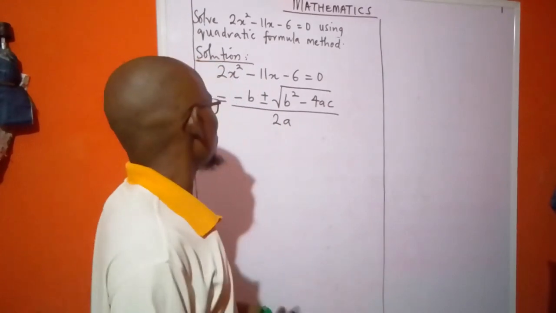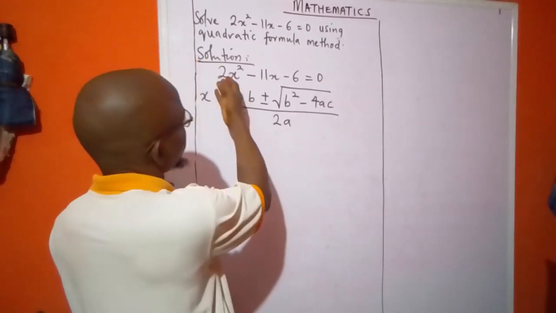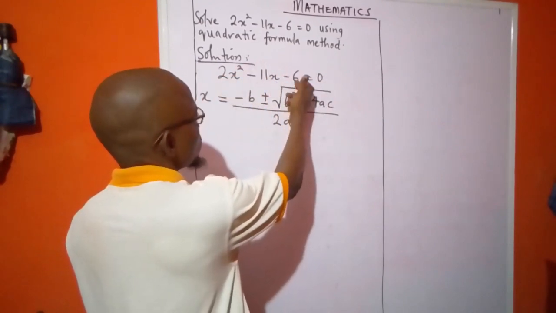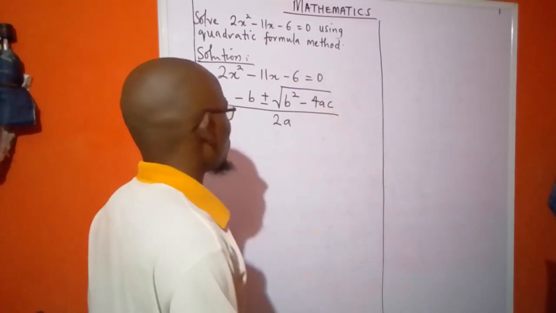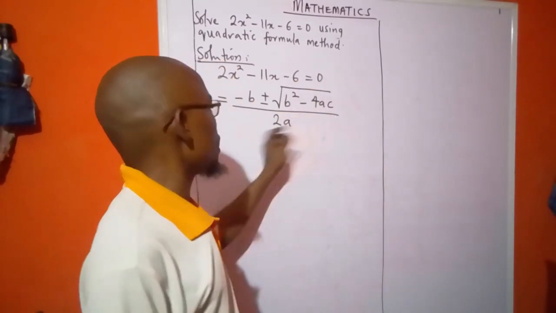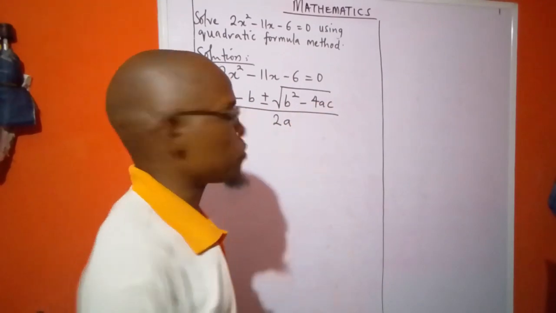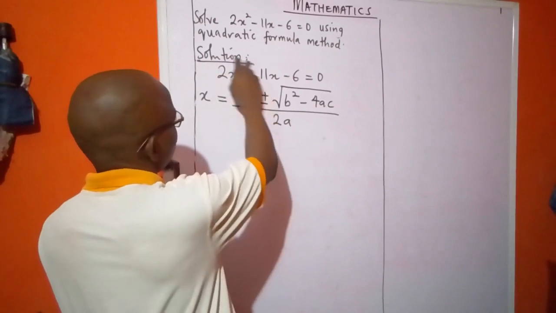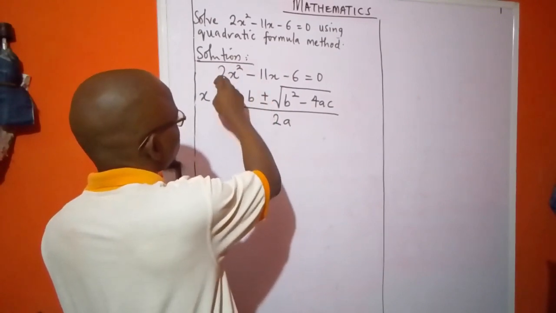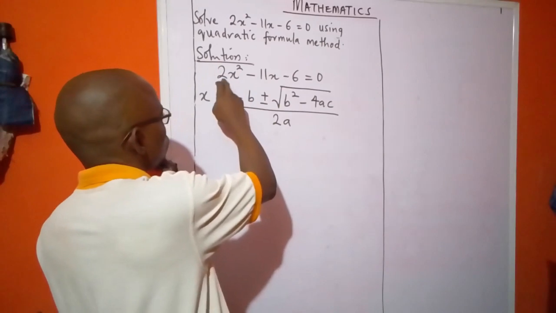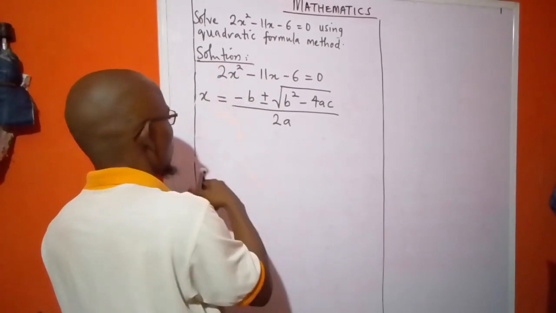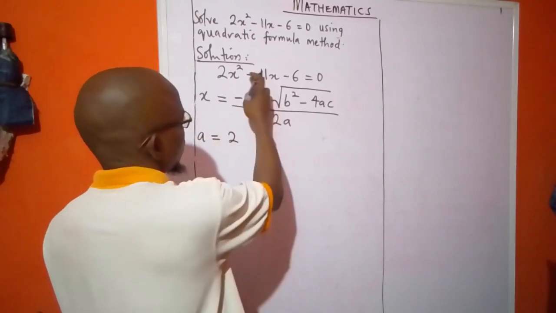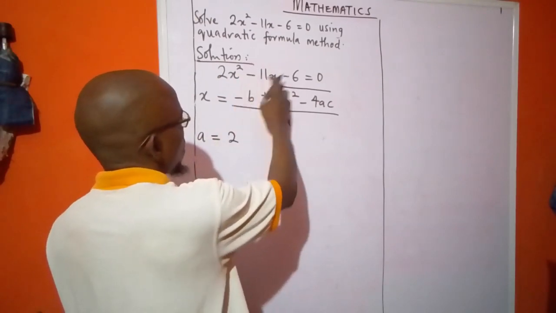Okay, so what do we do from here now? We have the equation 2x squared minus 11x minus 6 equals 0. So how do you get the a, the b, and the c? Here you look at the x squared. The coefficient of the x squared is our a, so a equals 2.